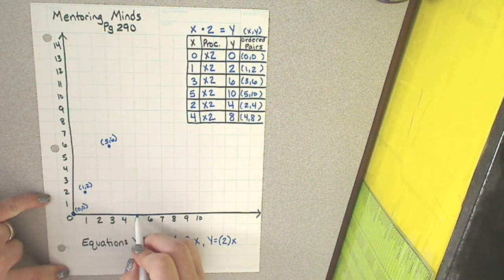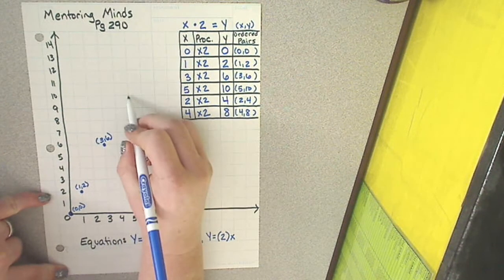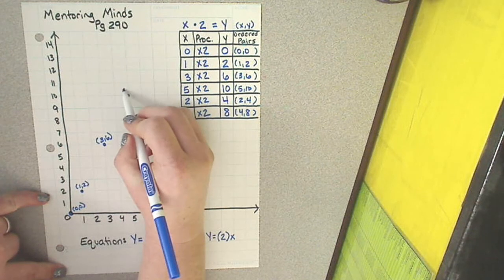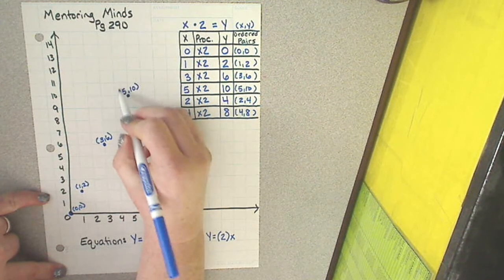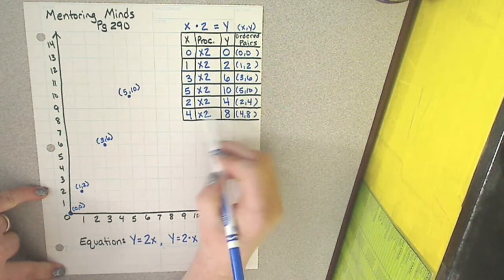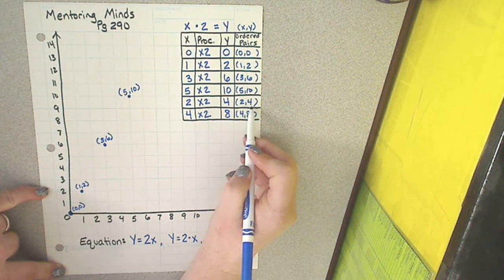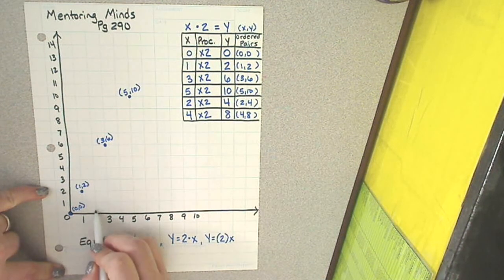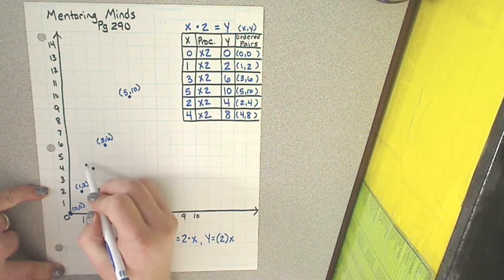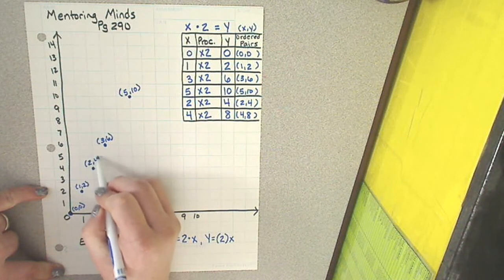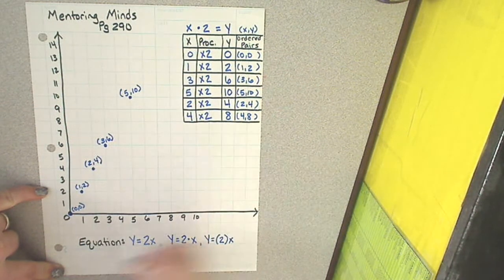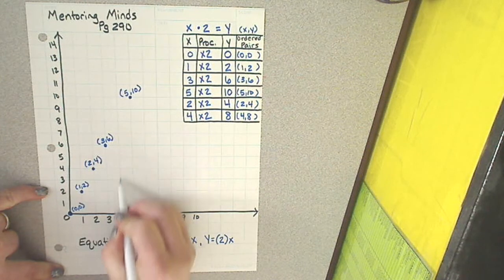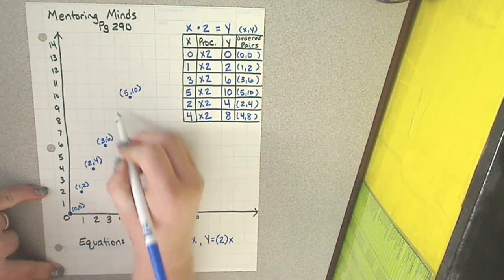So I'm going to come to 5, and then I'm going to go vertically all the way until I get to 10. Our next point is 2, 4. Horizontally to 2, vertically to 4. And then 4 comma 8, horizontally to 4, vertically up until we intersect with 8.